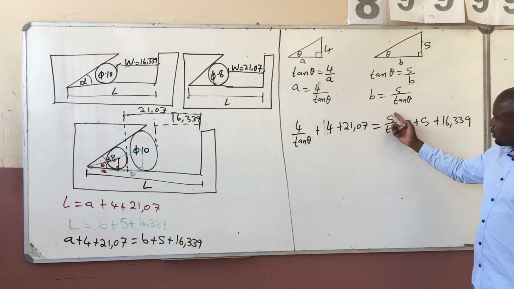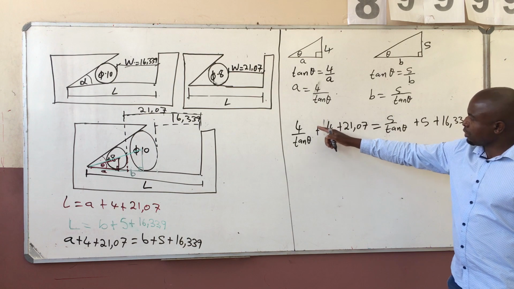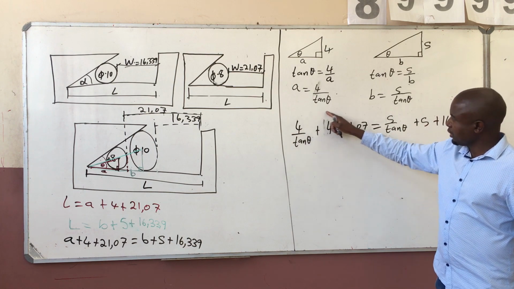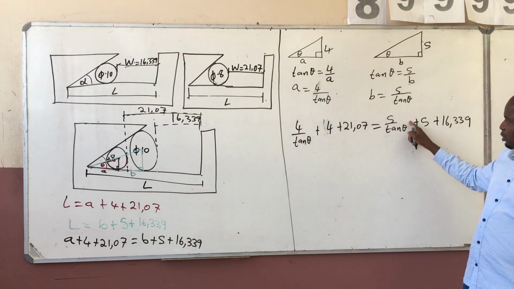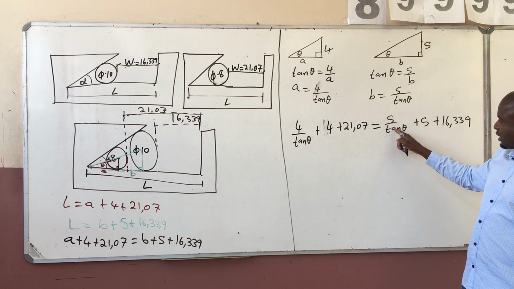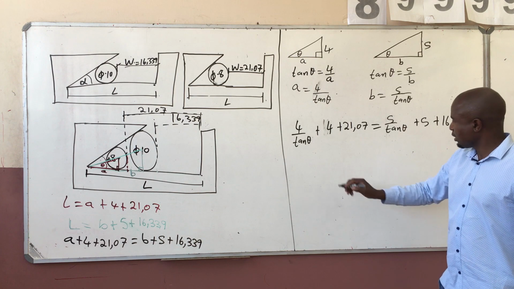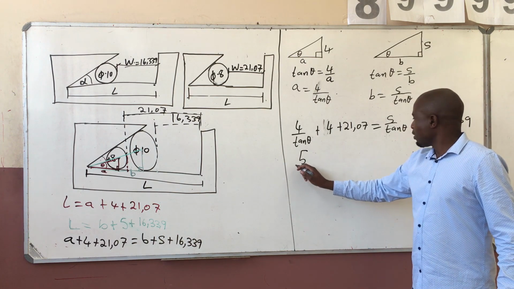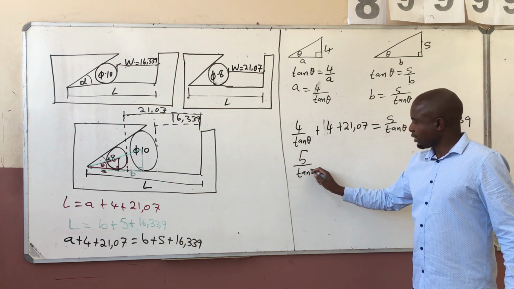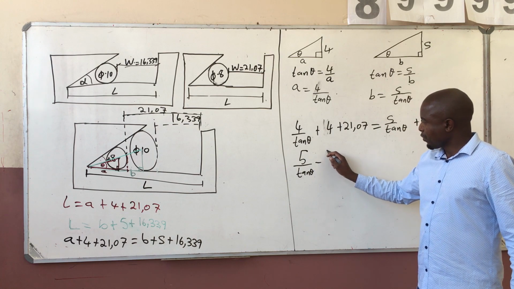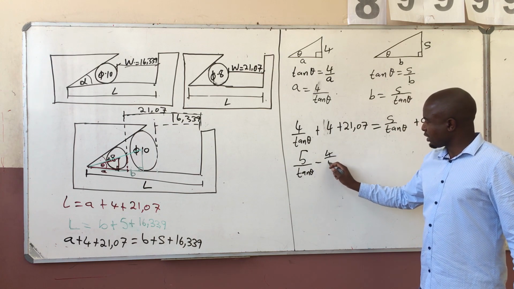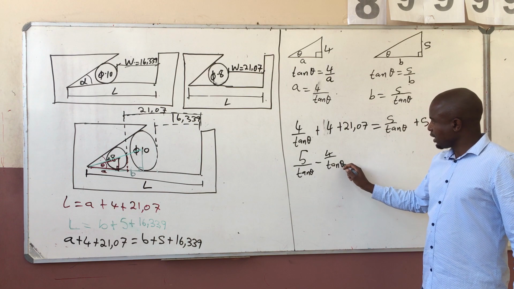So I will transpose 4 over tan theta to this side, which will be 5 over tan theta minus 4 over tan theta.